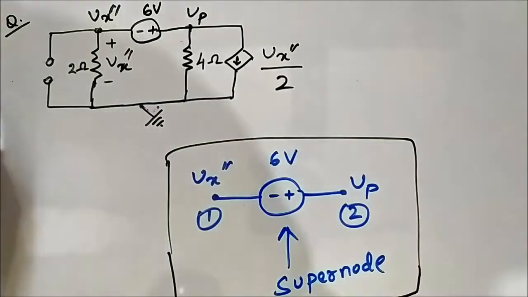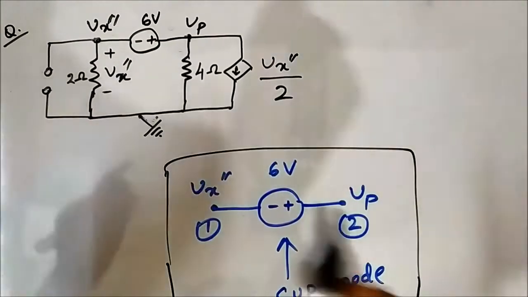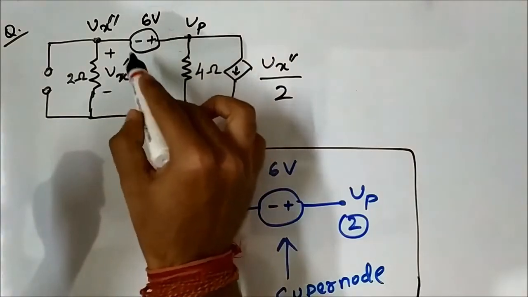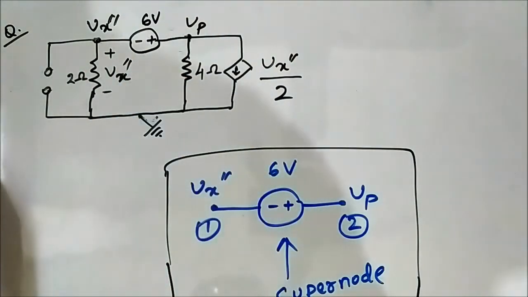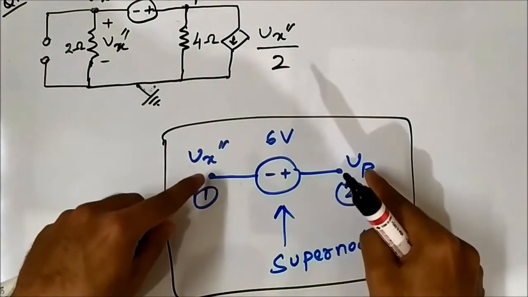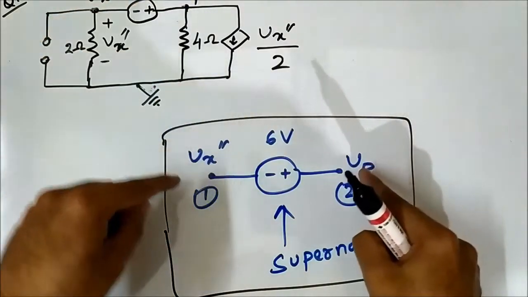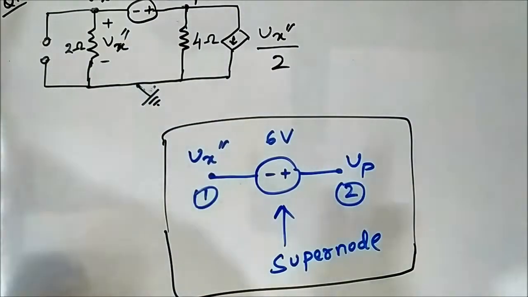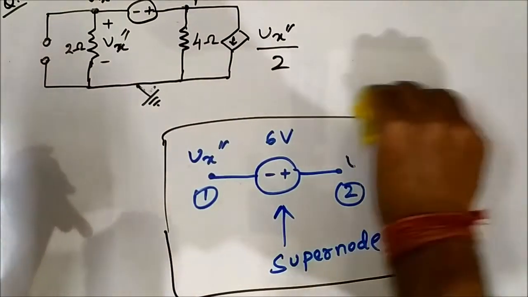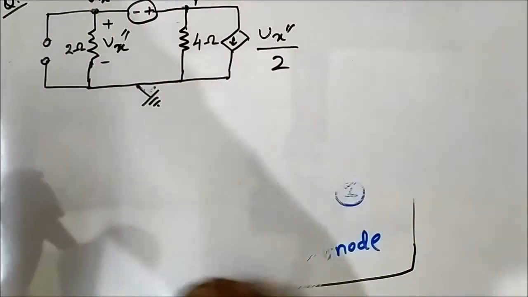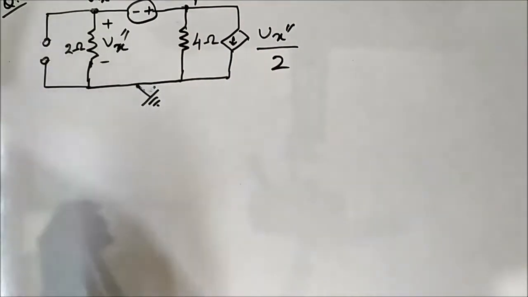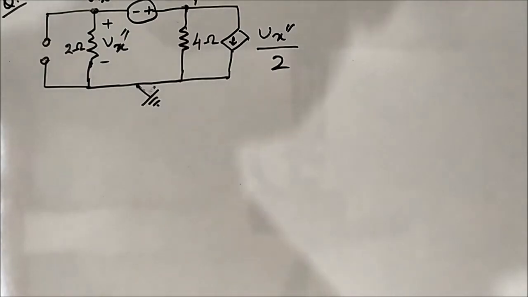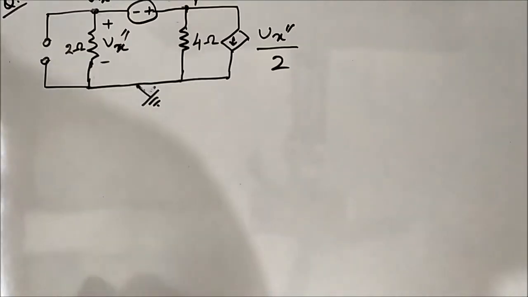I have already discussed super node, that is two nodes having a voltage source in between behave as a super node. These two nodes Vx double dash and Vp have a voltage source in between, so it acts as a super node. I would request you to please watch the super node video that I have posted.